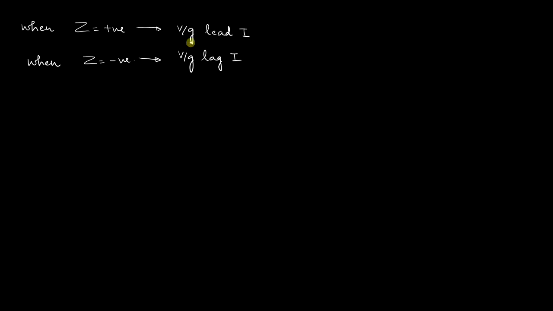If Z is positive, that means your XL, your inductive reactance, is greater, and the value of Z will be positive. So your inductive reactance will be acting very highly, so voltage will lead the current. Whereas if your capacitive reactance is higher, Z will be negative and the voltage will lag the current.